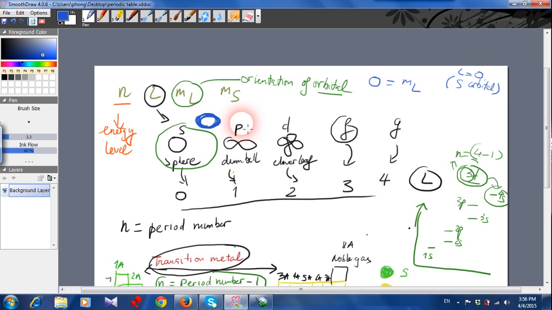And the p orbital is dumbbell shaped. With this one, we have some directions like x, y, and z. So we talk about the p orbital.